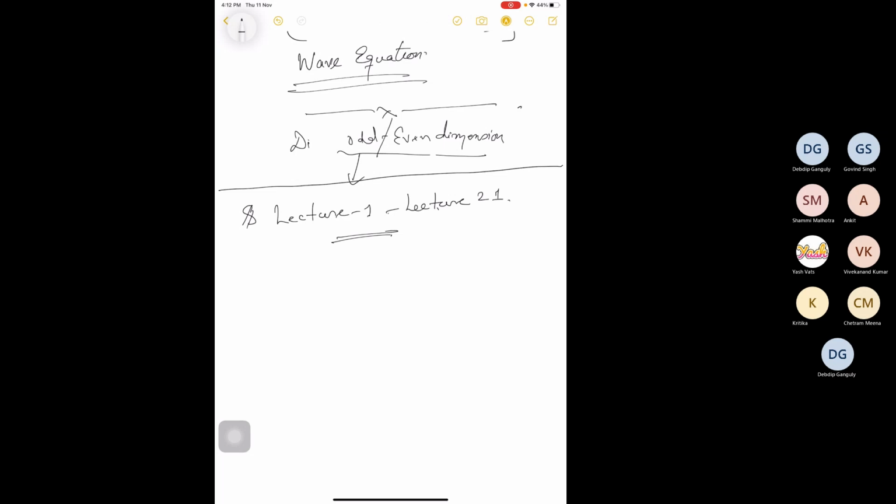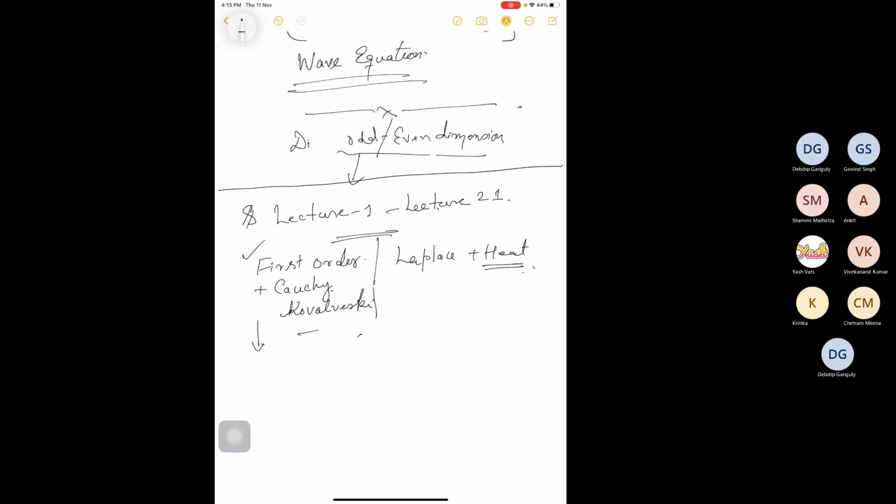Okay, lecture 1 to 21, and of course there will be a part from Laplace plus heat, not the full heat, and the first part, the first order and the Cauchy-Kovalevsky. So these two parts you can divide. First is the first order case.